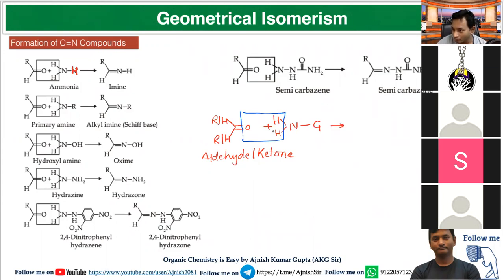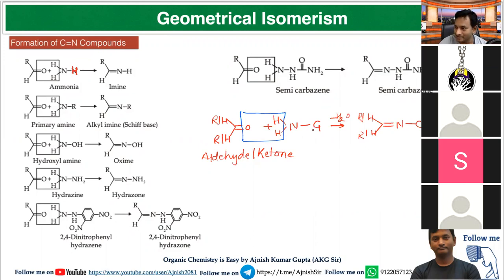Here H, R, here H or R. These two R may be same, these two R may be different. Think once again. When aldehyde and ketone react with NH2G, they eliminate a water molecule, and after elimination of this water molecule, a carbon double bond nitrogen compound will be formed.